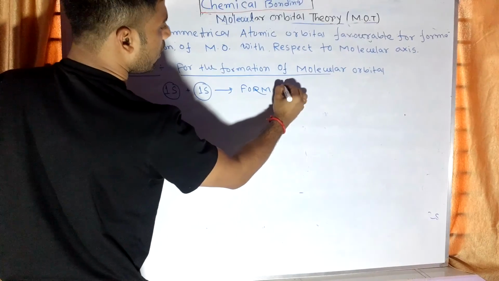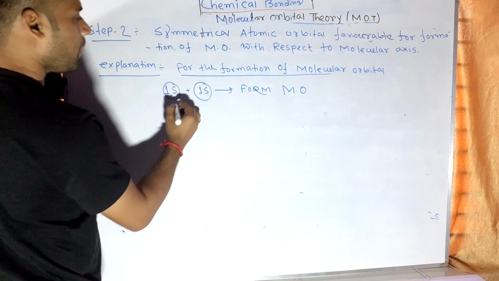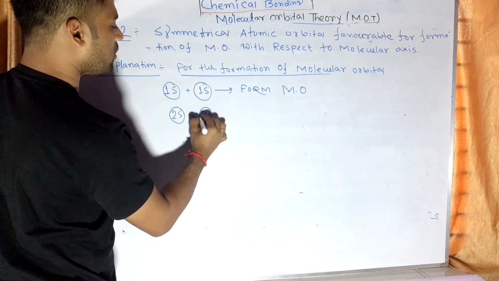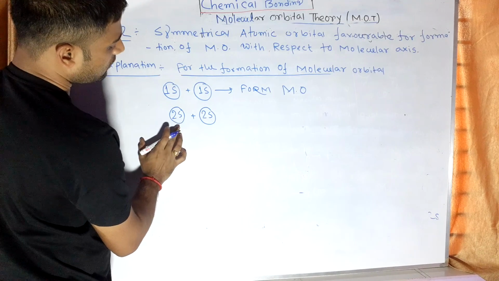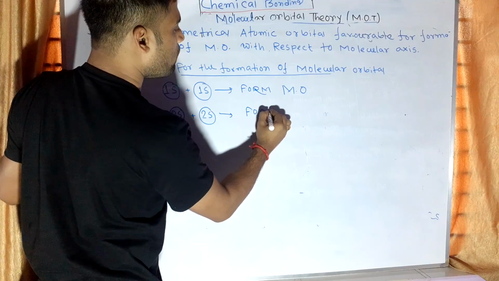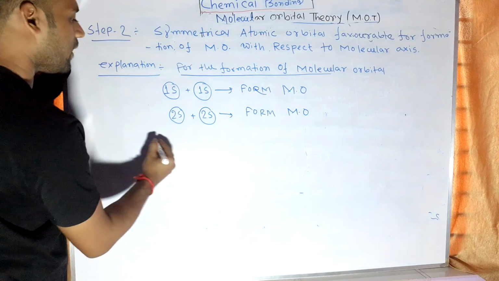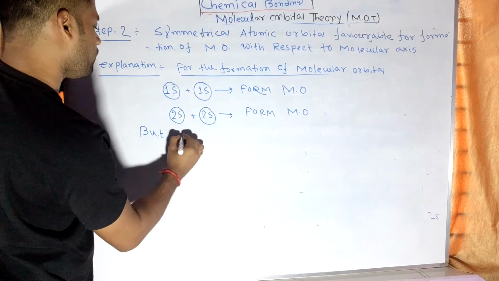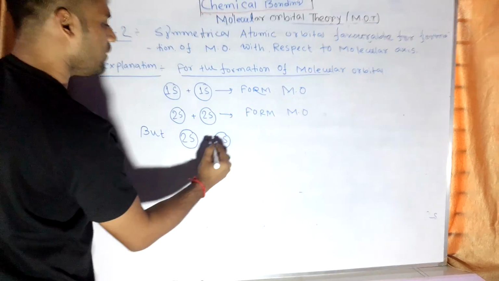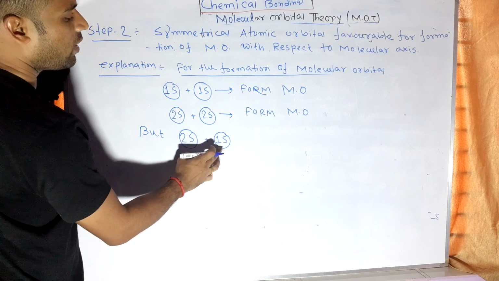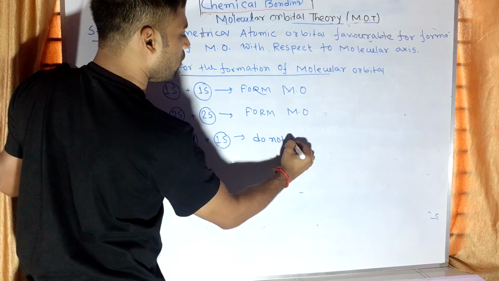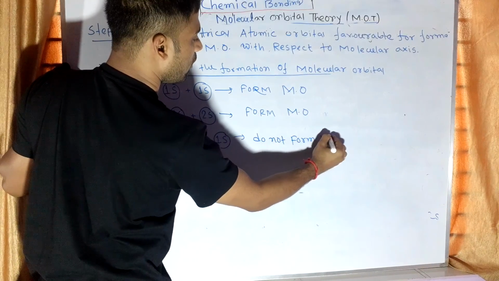A 2s atomic orbital overlaps with only a 2s orbital. That means same symmetry, same type of atomic orbital, can form the molecular orbital. But a 2s atomic orbital overlapping with a 1s atomic orbital is not symmetry. 2s and 1s are not symmetric structures, so they do not form molecular orbital.